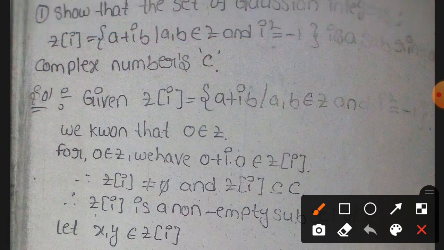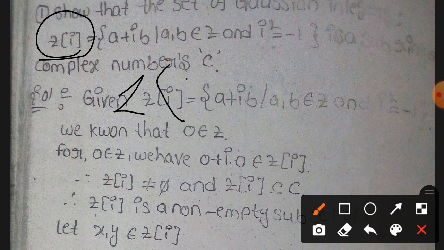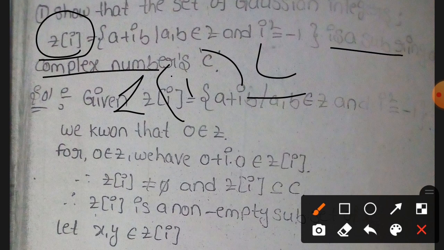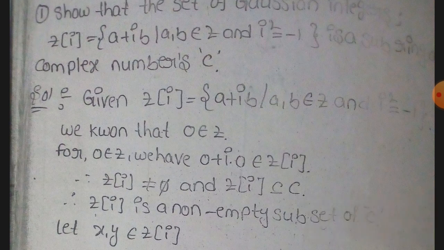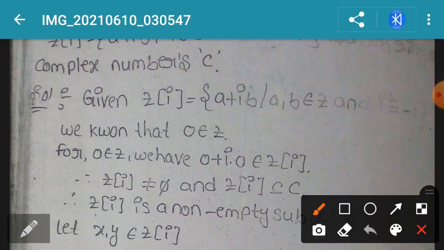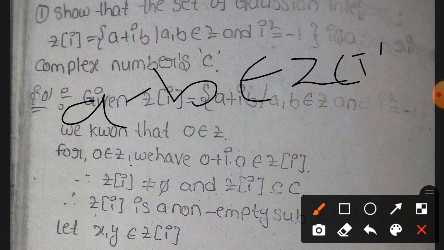So we must show that the Gaussian integers Z[i] form a subring. First, the Gaussian integers are not empty. Since we want a subring of the complex numbers, we mention that the Gaussian integers are a subset of the complex numbers. After that, we show that a minus b is in the Gaussian integers, and a into b is also in the Gaussian integers.